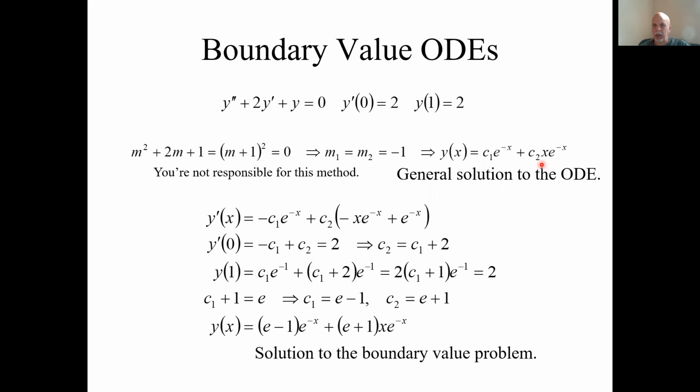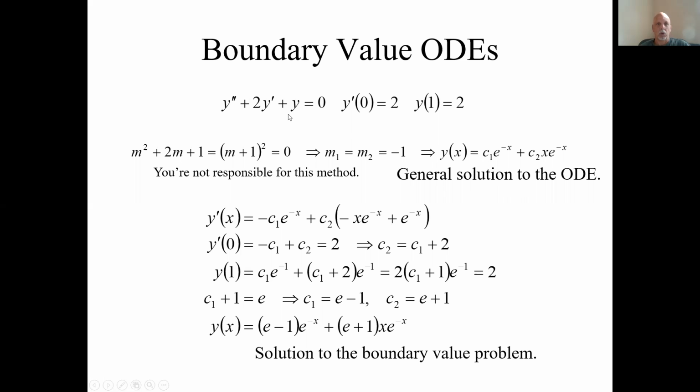two arbitrary constants. To find out what these constants are to meet the whole problem, we just substitute this general solution into this equation, and we end up getting two equations for the two unknowns, for these two parameters, C1, C2.